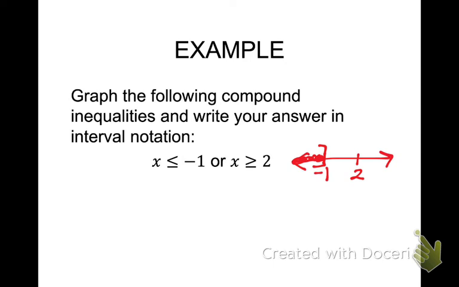Square bracket on the 2 facing the right, because I'm shading to the right. So, interval notation wise, my left side is negative infinity to negative 1. Union, good. Square bracket 2 to positive infinity.